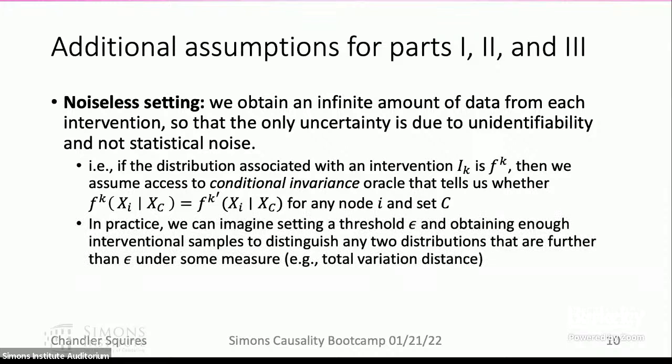And in practice, similar to how with causal structure discovery you would be doing hypothesis testing, you can imagine doing hypothesis testing on whether or not these 2 conditional distributions are equal.